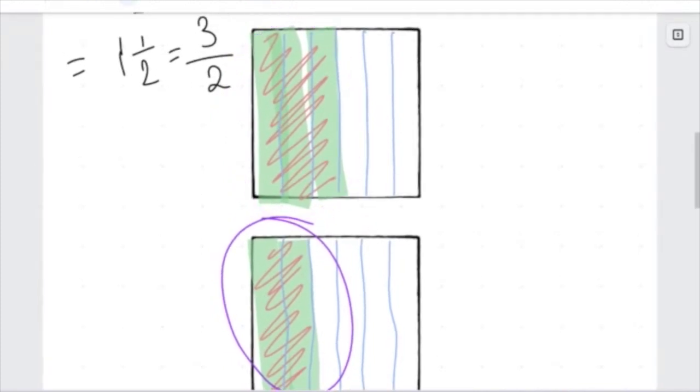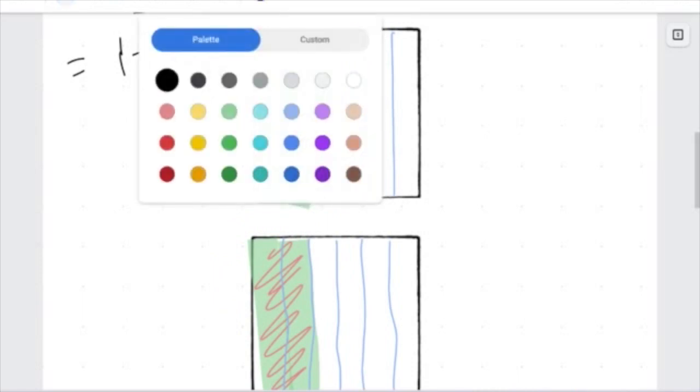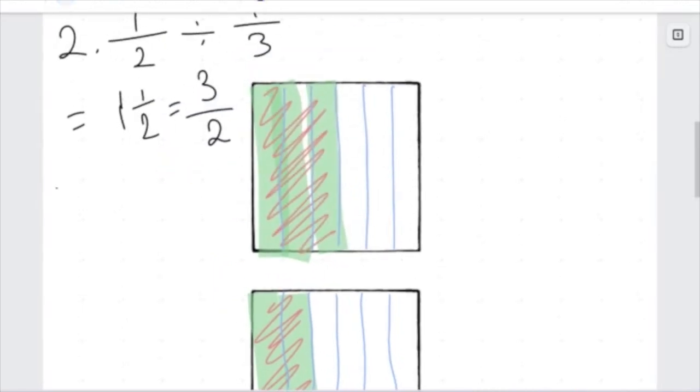Now, let's do this the other way we learned in the previous video, just to double check. And now, like I said, there's multiple ways we can get to the same answer. That's the great thing with maths. You can pick the way that you like best. Now, a half dividing by a third is the same as multiplying by the reciprocal.